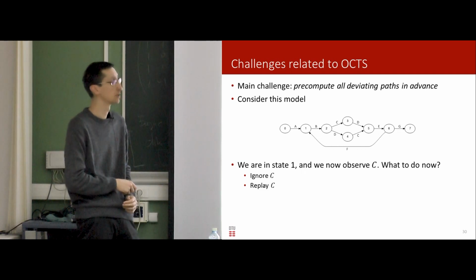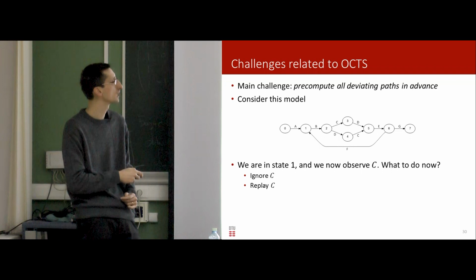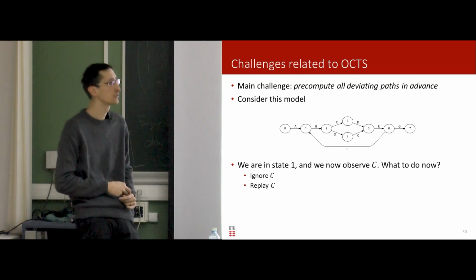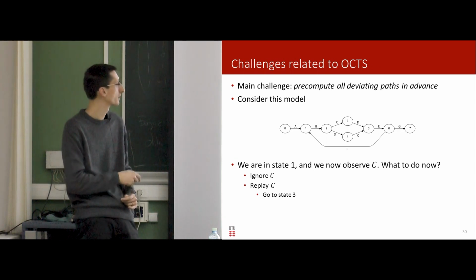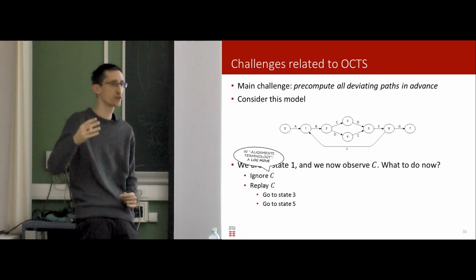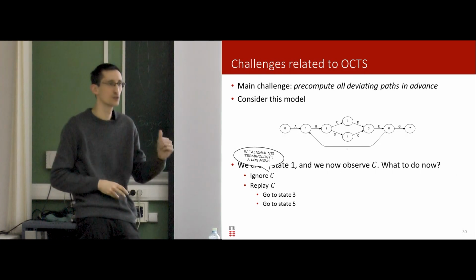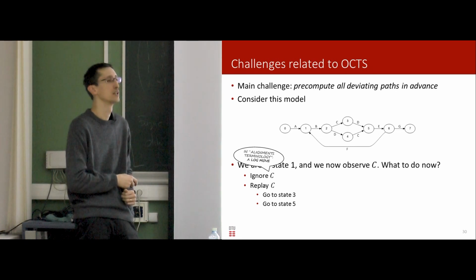Or we can decide to replay this execution on top of our model, because actually our model allows C to be executed. But if we decide to replay C, then we can go to state number 3 here, or to state number 5, which is here. So it means to follow this transition here or this other transition. For those of you who are into alignments and conformance checking, ignoring C means to perform a log move.